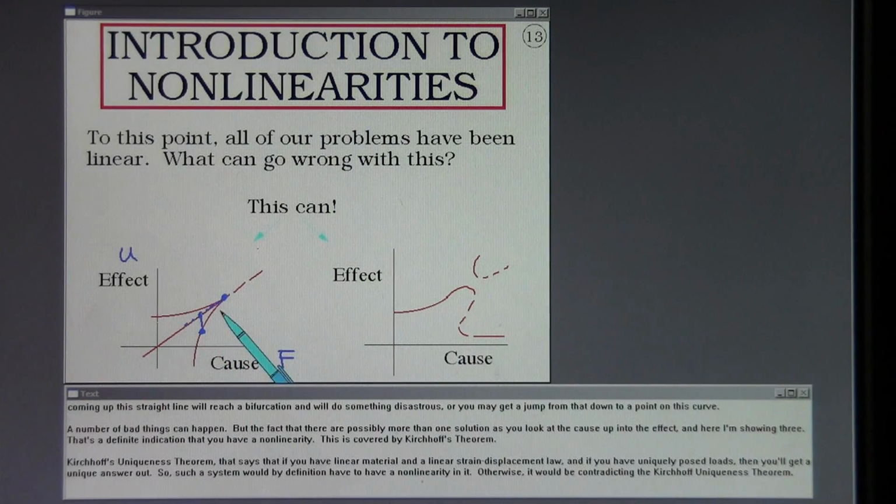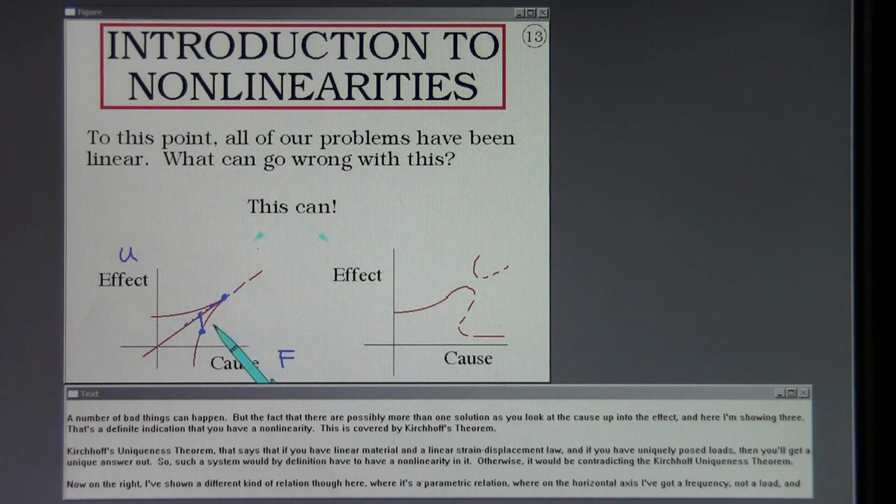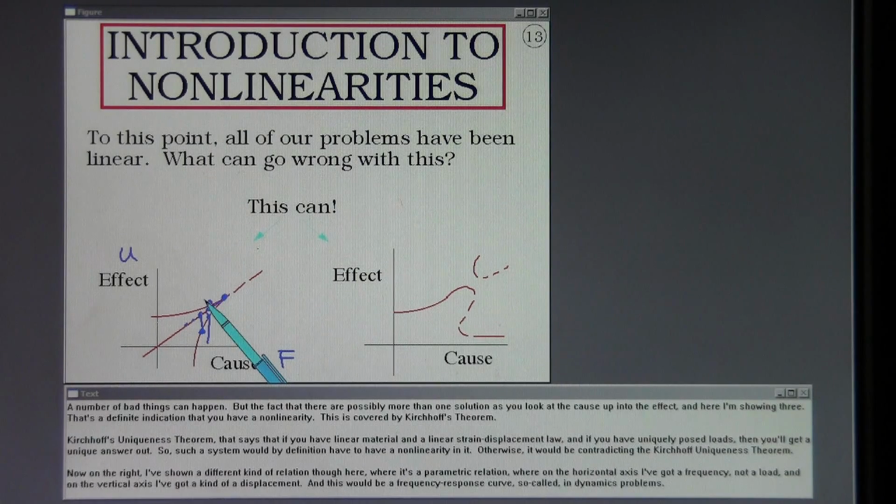A number of bad things can happen. But the fact that there are possibly more than one solution as you look at the cause up into the effect, and here I'm showing 3, that's a definite indication that you have a nonlinearity.